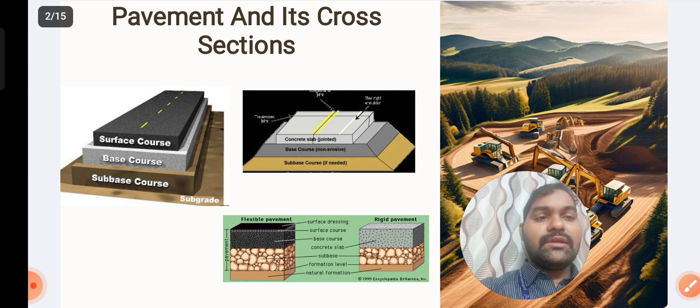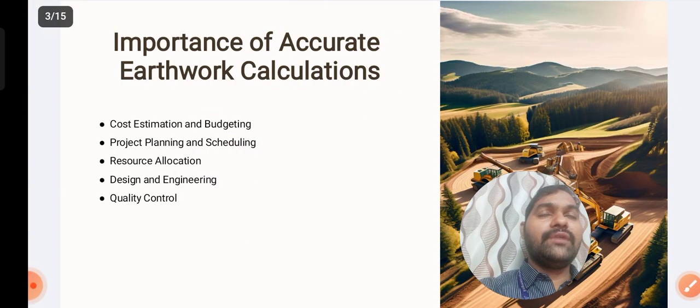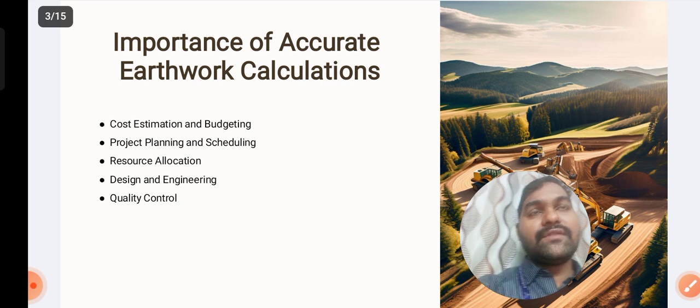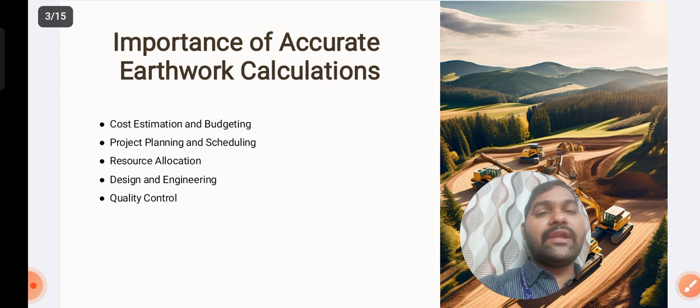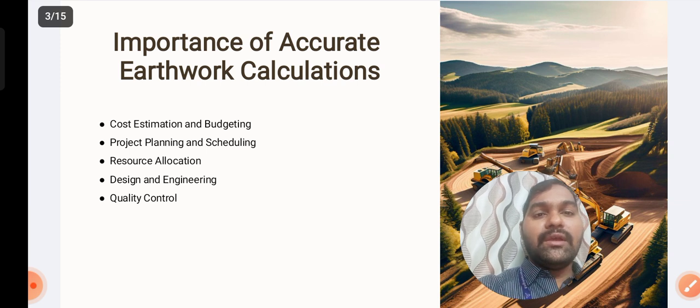Next, why are we going for earthwork calculation and why is it important for us? If you want to estimate the total cost of the pavement, the cost of the subgrade is also one part of that. So it is needed to get the total cost, and it is also needed for budgeting.